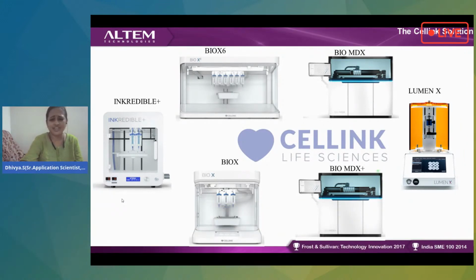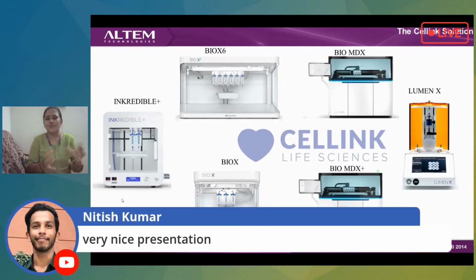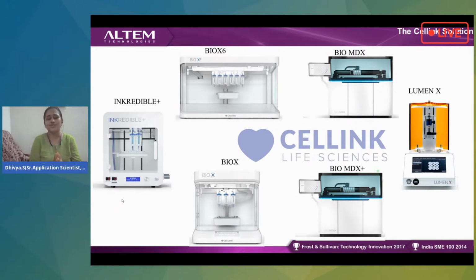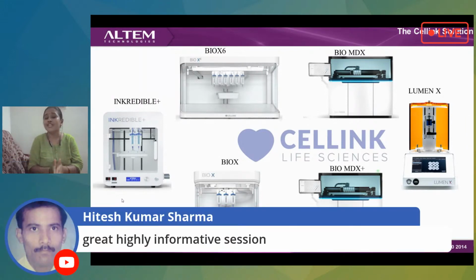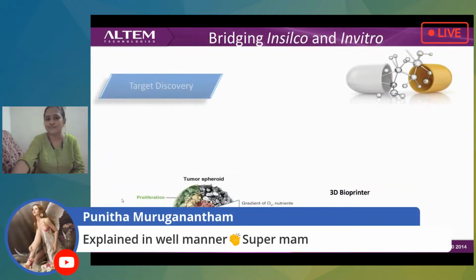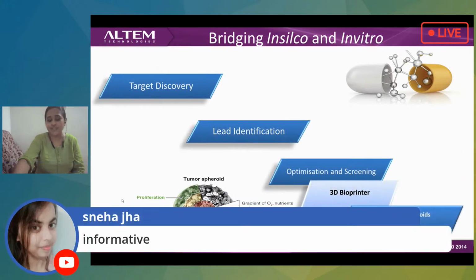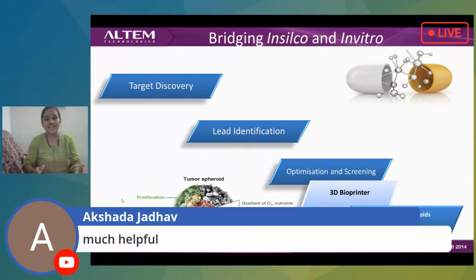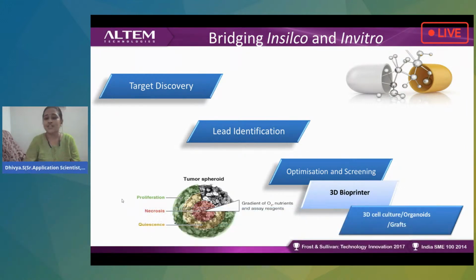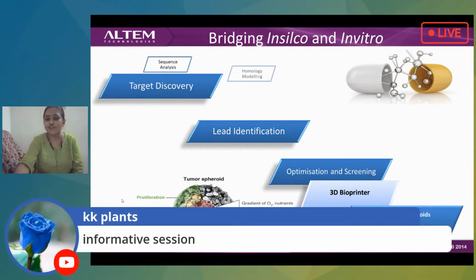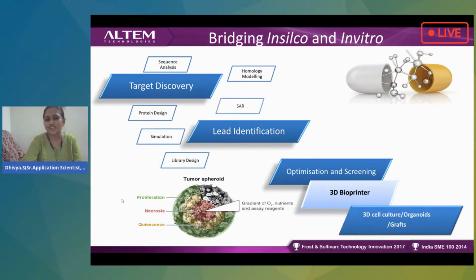And further, as I stated, this is a convergence of technologies, right? One technology alone cannot give you the solution. So we have other synergetic solutions using BioVR. You bridge your technology in silico with in vitro, from target discovery, lead identification, optimization, screening, 3D printing and going for 3D organizations, organoids or grafting.